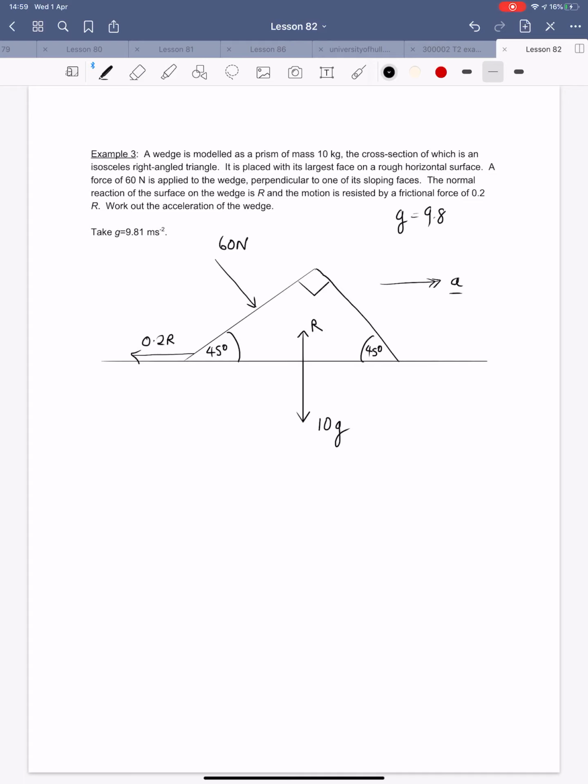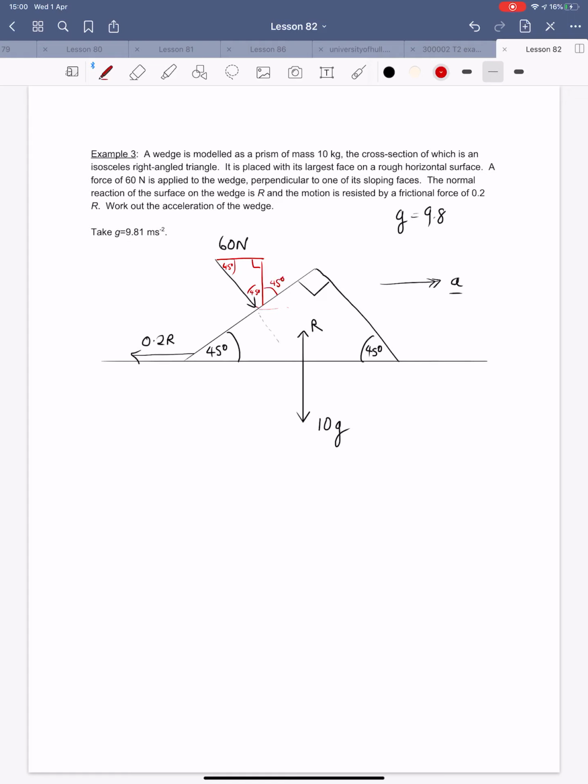Right, so looking at all these forces, let's start with this force here. It's made up of two components. That's 45 degrees, and there's 90, because that angle there is 45 and that's 45 there.